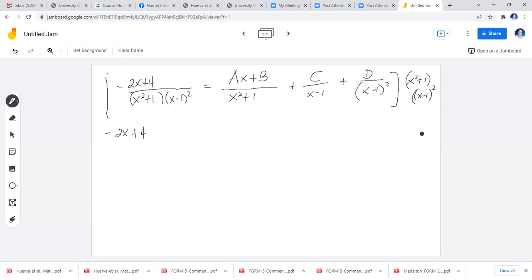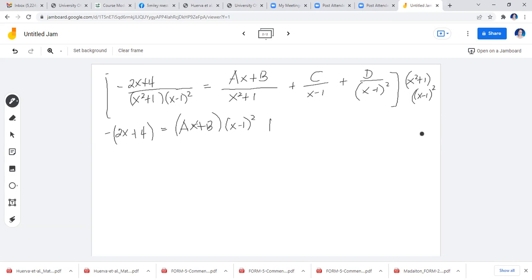Make sure that this negative you consider as the negative of the entire expression because that one is written here. Now, your ax plus b, you multiply to the factor that is not present here in the denominator, and that factor is x minus 1 squared.